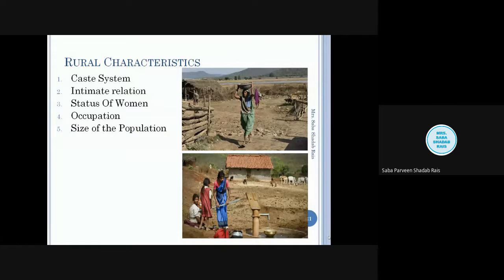Now, when we talk about size of the population, as I had earlier stated, 68.84% of the population lives in the village. In advanced countries, rural population forms a small part of the total population, but in India, the majority of the Indian population stays in the rural area.